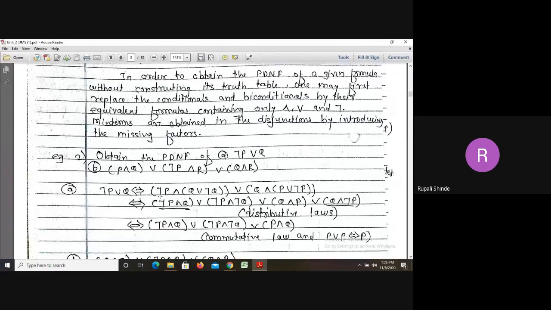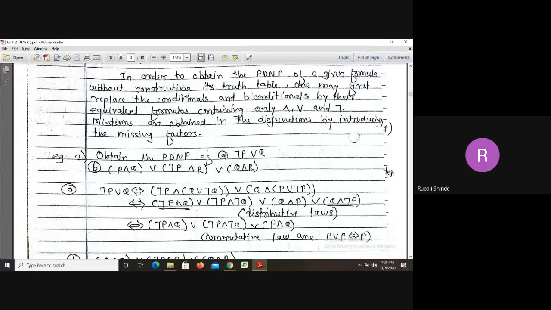Now we have to apply the distributive law. So how can we apply it? Negation P and Q, this is one bracket, or negation P and negation Q, this is the second bracket. Now or Q and P, this is one bracket, or Q and negation P. So here we have applied the distributive law. Now we have to check whether there is any repeated term.